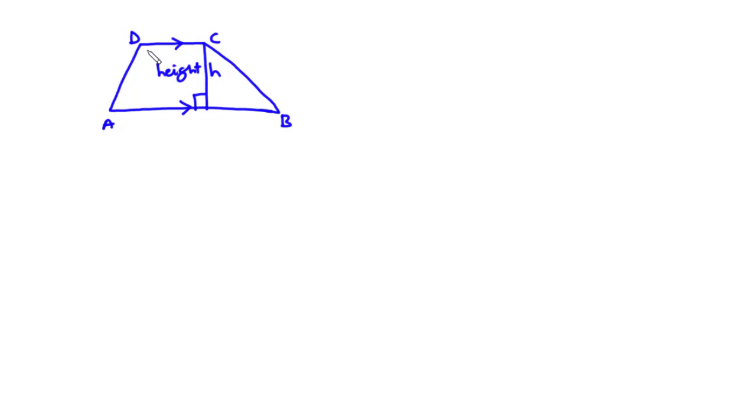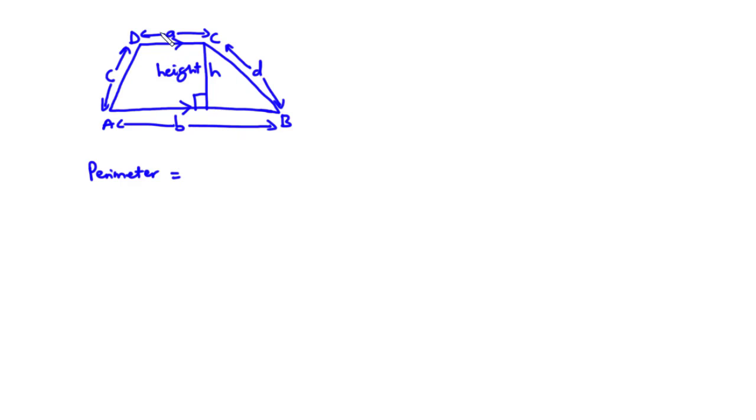Now let the side DC be A, and AB be B, and then we have this side to be C, and this side to be D. In that case, the perimeter of a trapezium is given by the sum of the lengths of all the four sides.